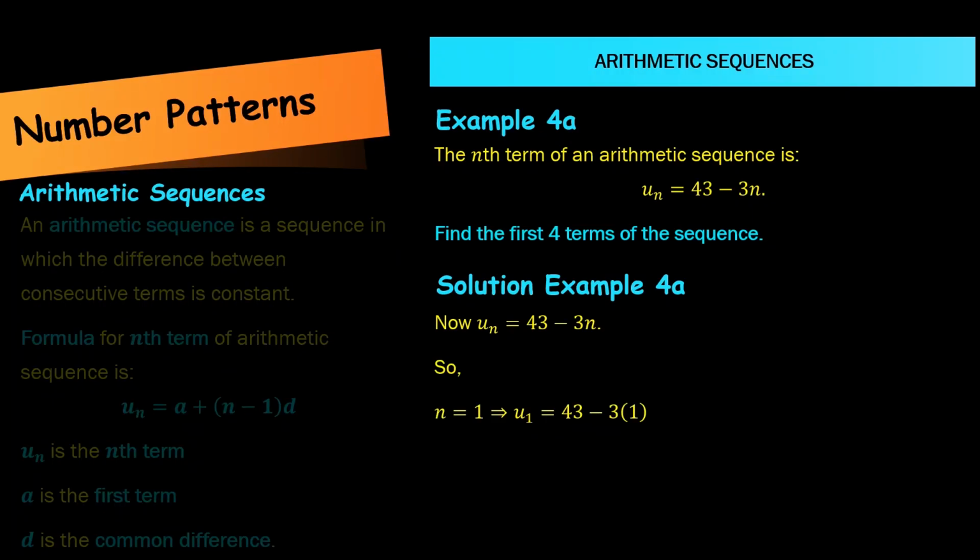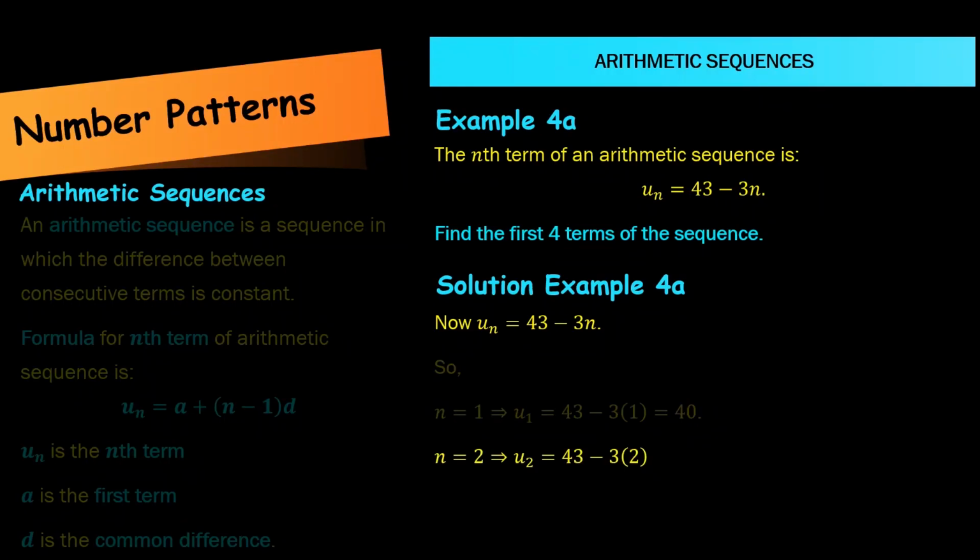We are simply going to plug in the values n equals 1, n equals 2, n equals 3 and n equals 4 into u subscript n each time. So when n equals 1, we have u subscript 1 equals 43 minus 3 times 1, which is equal to 40.